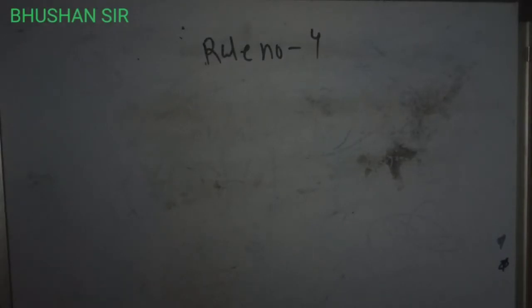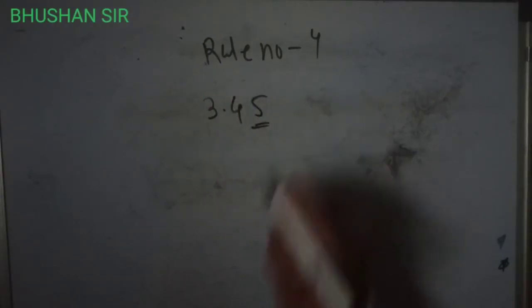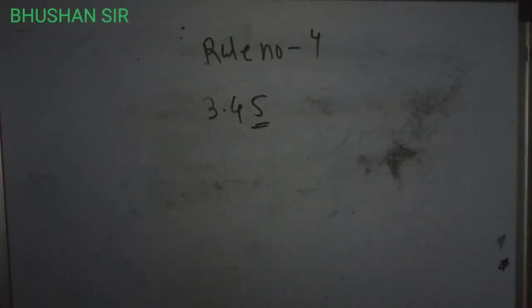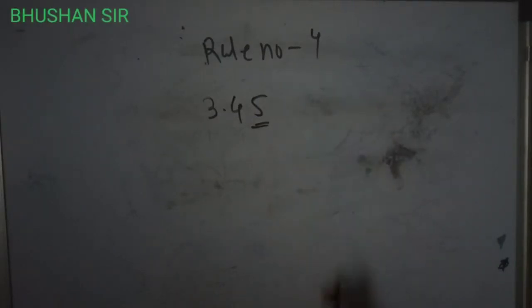Rule number 4. If the digit to be dropped is 5, for example 3.45, this 5 needs to be dropped. 5 is followed by 0, there is no digit after 5. Then the preceding digit is not changed if it is even.